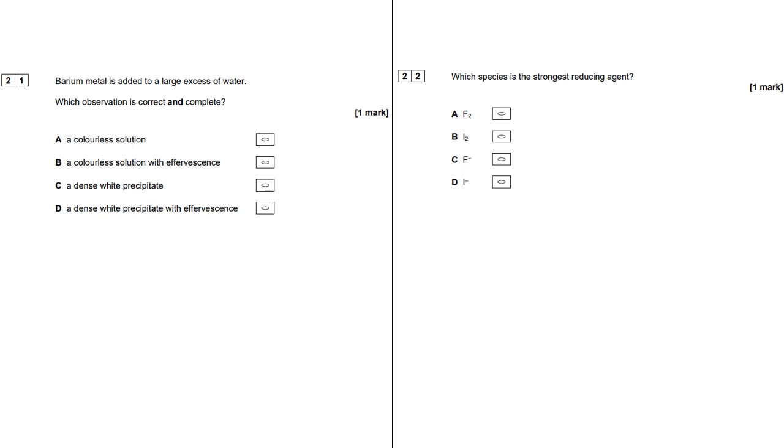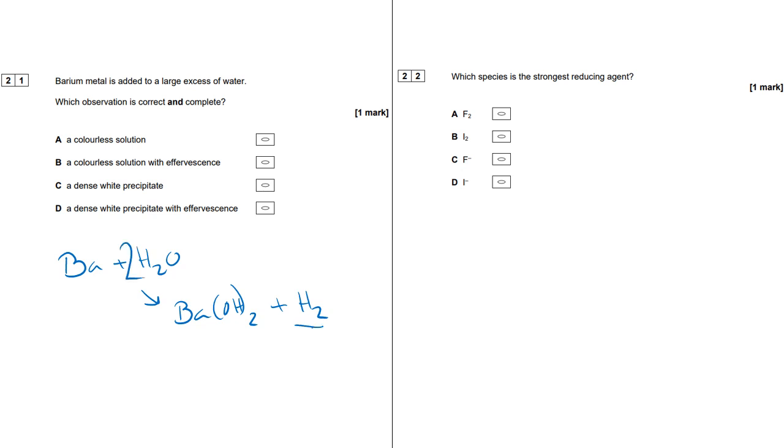Question 21. Barium metal is added to a large excess of water. Which observation is correct and complete? Group 2 alkaline earth metals added to water form an alkaline solution, so barium hydroxide, and hydrogen gas would be given off as well.